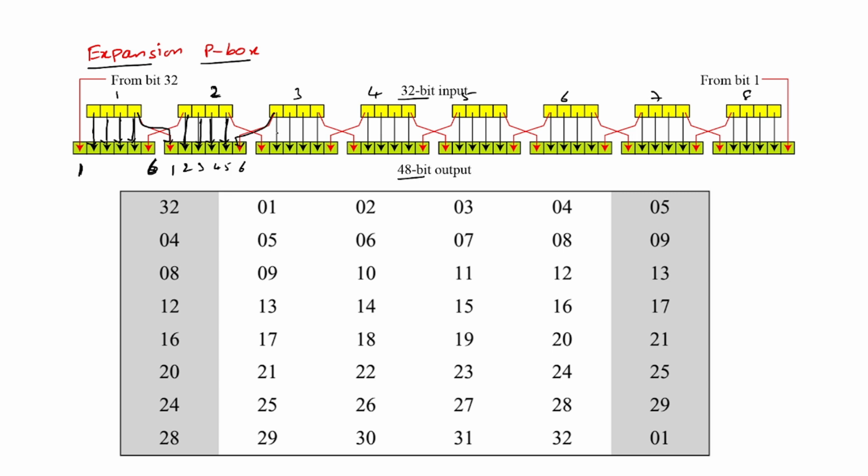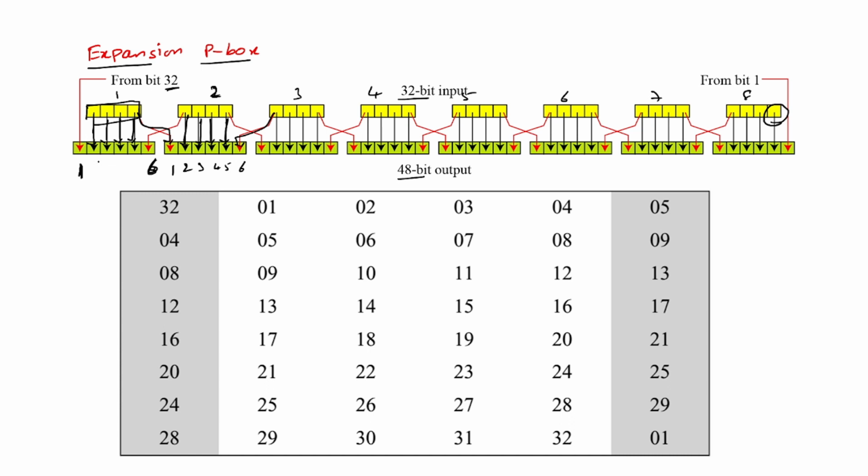Like this we need to perform for all these parts. For the first part we need to take the last bit of the last part into the first position. So bit 32, the last bit of the last part, will become the first bit in the first part.